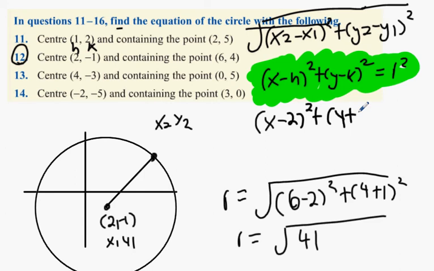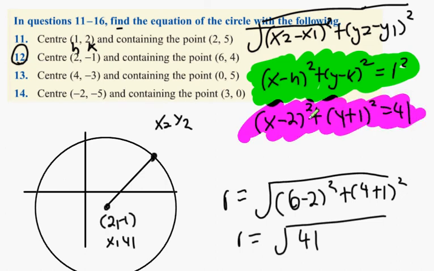It'll be a plus 1 there, because minus 1 will make a plus 1. And then finally, what's our radius squared? Root 41 squared? Just 41, isn't it? And you're done. That's your answer. So you can see that your answer is (x minus 2) squared plus (y plus 1) squared equals 41.